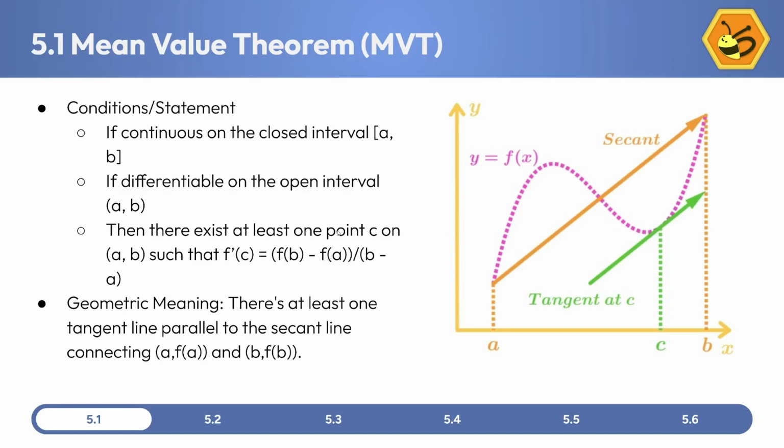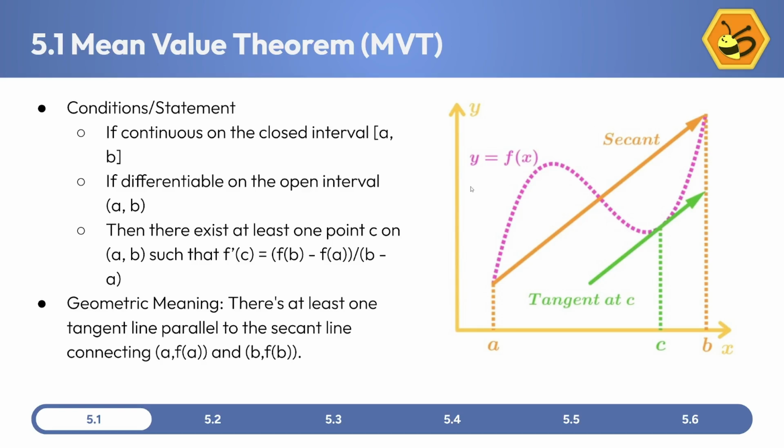So what the mean value theorem is saying, put simply, is there must be some point where the instantaneous rate of change is equal to the average rate of change. We can also think about it in terms of geometry, or graphically. Our derivative is our tangent line, so the line that's tangent at a single point must be parallel to the secant line connecting points A and B. That's basically our average value.